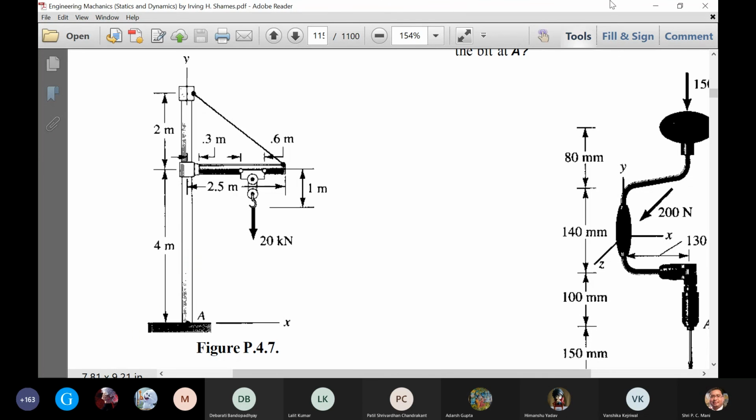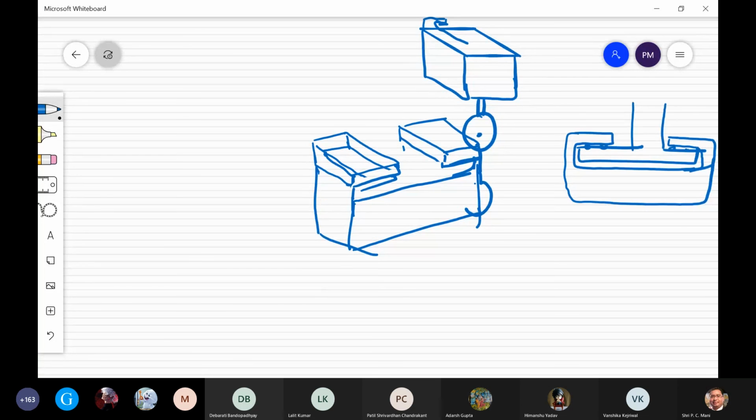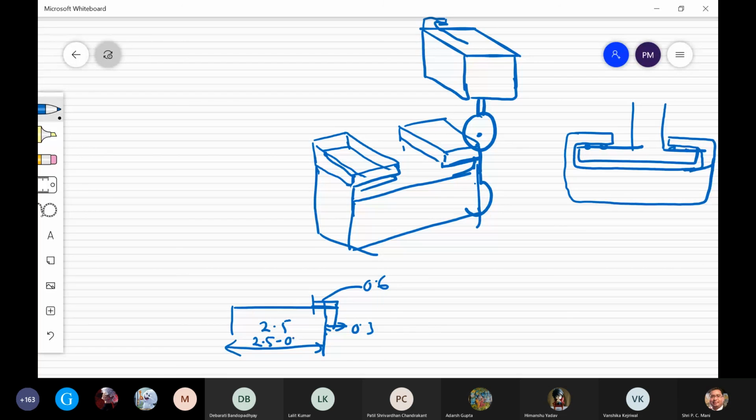It is related to the distance you are going to take. The total is 2.5. This 0.3 is not considered, so it is 2.5 minus 0.3. Clear?